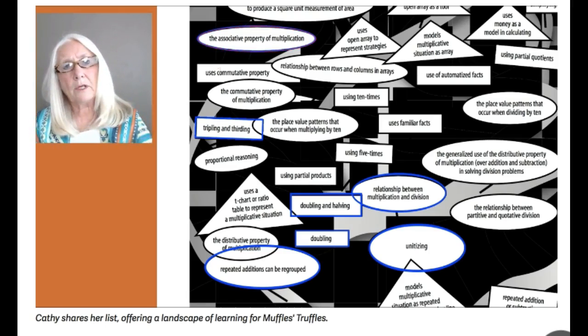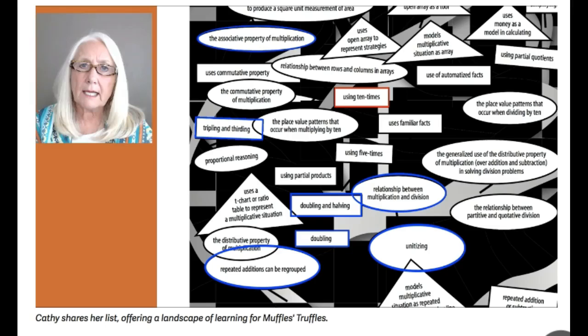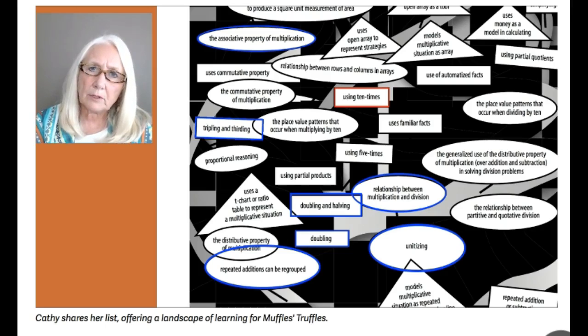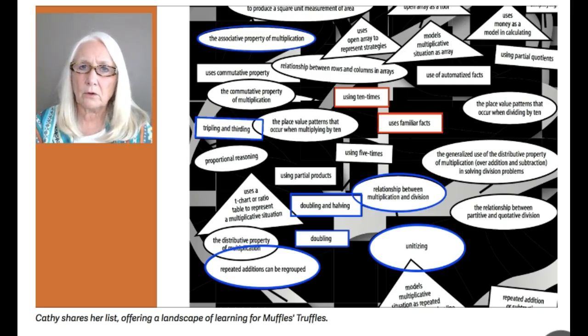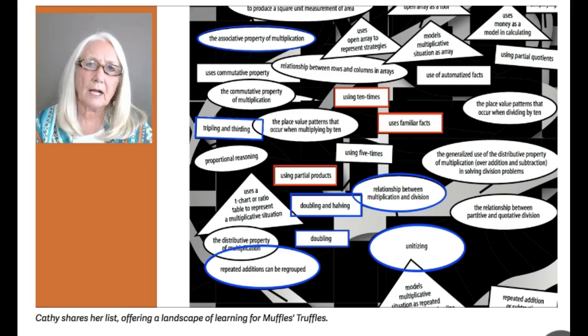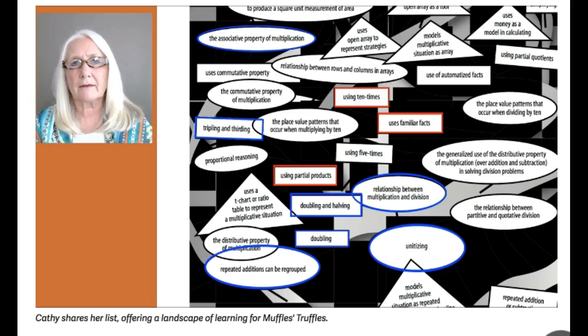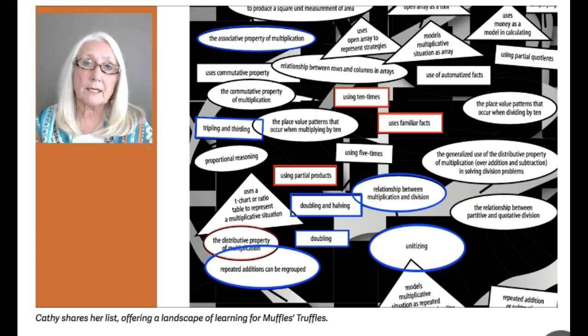Another track that we often see children take is the use of 10 times. And so as they start, they employ the use of facts they know, and we start seeing partial products evolving. If they want to find out 14 times 5, they might do 10 times 5, and then 4 times 5. And the big idea related to partial products is the distributive property.